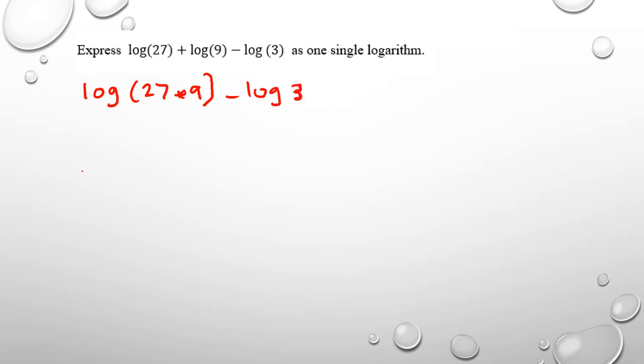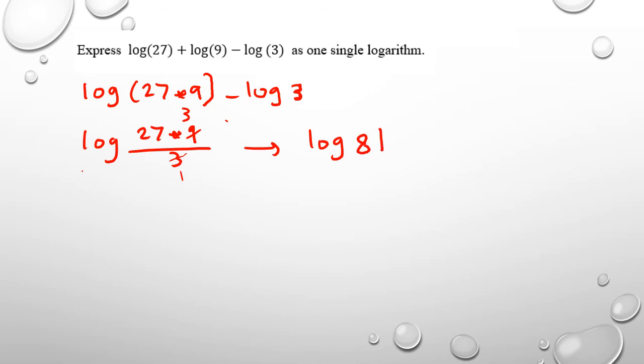And now the minus can change into a division, so your final answer will be log 27 times 9 over 3. Then you find out the answer, that 3 simplifies with the 9, so 27 times 3 is 81. Okay, so that's why your final answer is log 81.